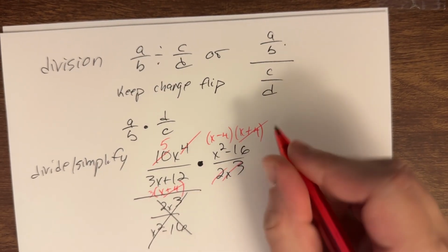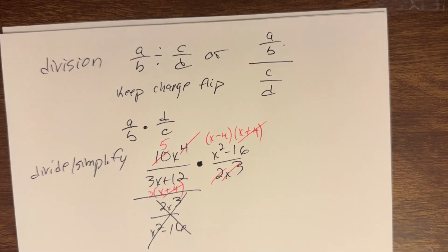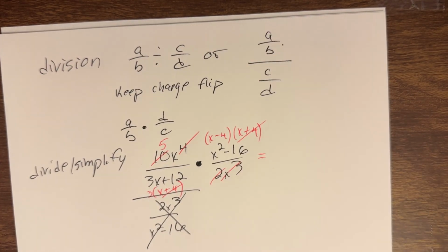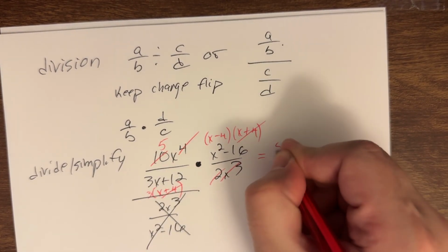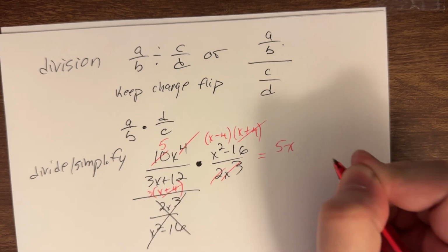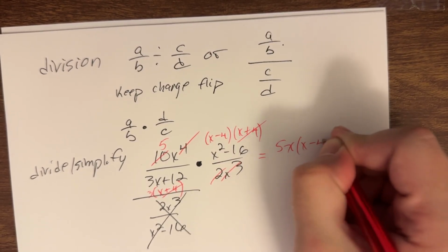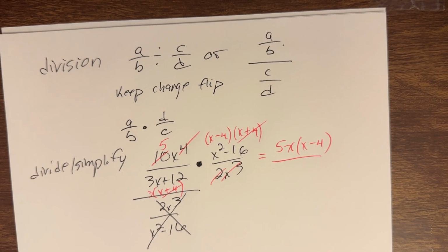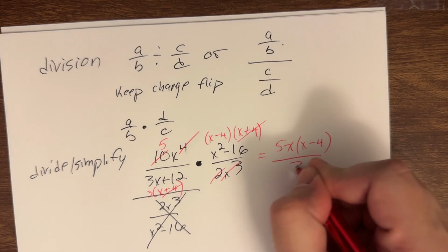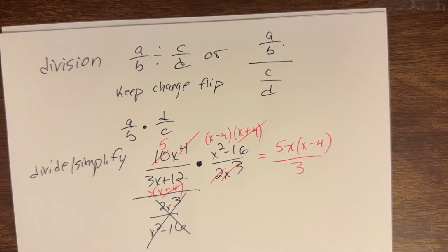But either way, that's gone. 1x is left here. So what's left? I've got a 5, I've got an x, and I've got an x minus 4. In the bottom, all I've got is a 3. That's it. 5x times x minus 4 all over 3.